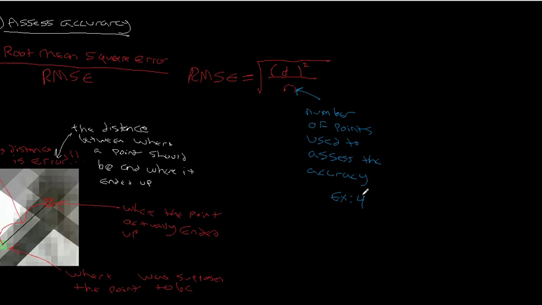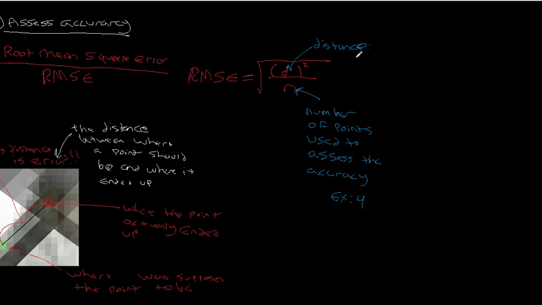So what's this distance up here? This d is distance. Well, it's the distance of what? What's the distance between where the point should be and where the point ended up?